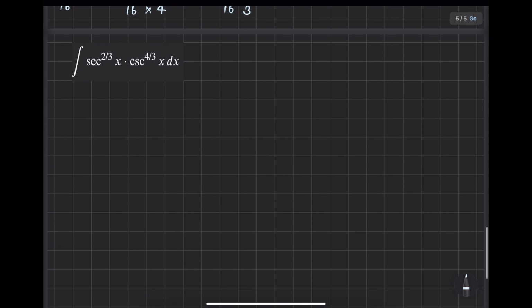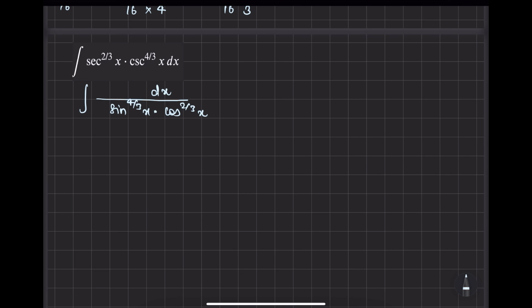Now look at this situation. Again, if you observe, you have sine and cos together. You may say that, sir, it is not sine and cos. So look at this: sine power 4 by 3 x and cos to the power 2 by 3 x dx. Now if you observe this situation, sine and cos are together.